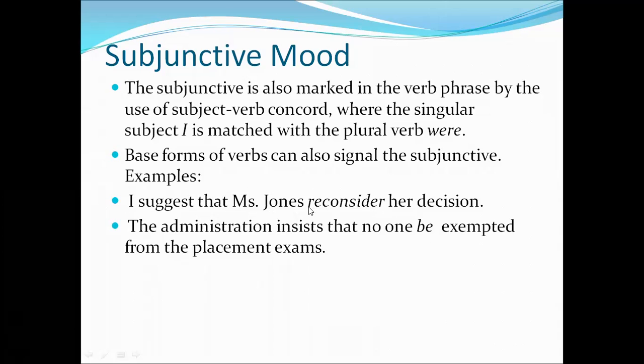In the indicative one, there should be S. But in this mode, subjunctive, we do use V5 here, right? And the next feature is in case of the be verb also, we use be, not is or am, right? These are some grammatical features of the subjunctive mode.